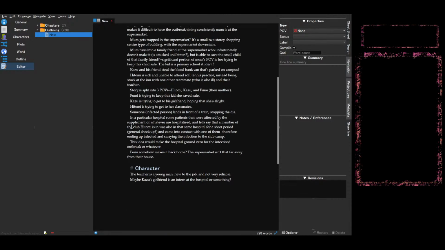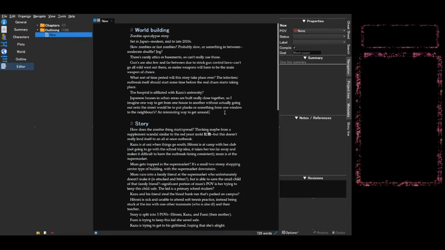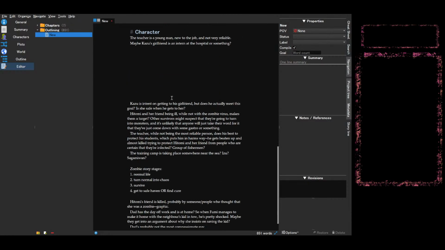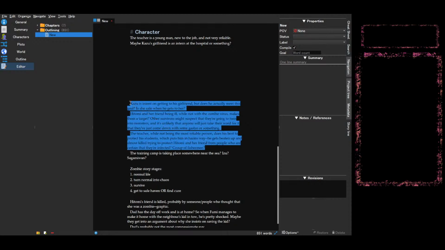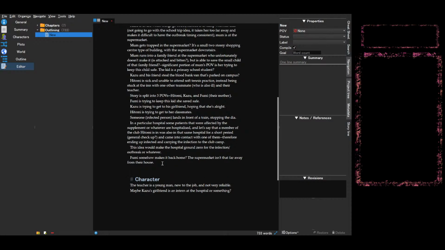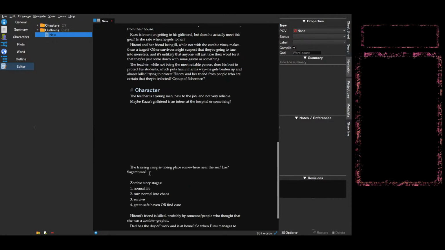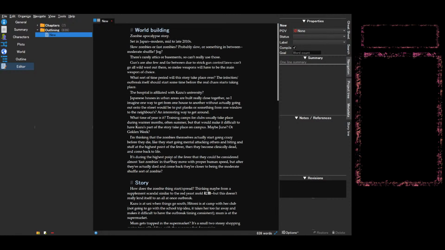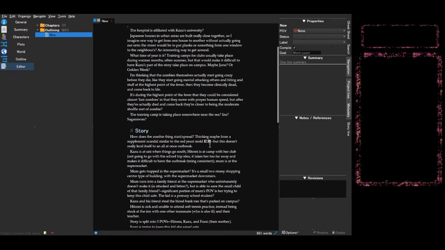Yep, so this all goes into world building. Yep, so this bit goes into story. This is setting, so even though technically you could say setting is different to world building, I'm going to put it all in there.